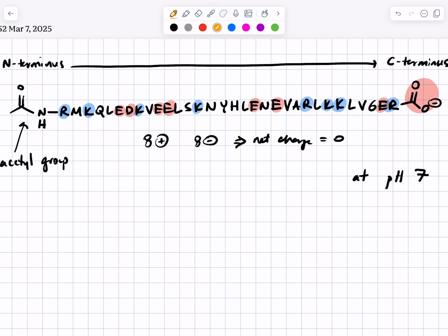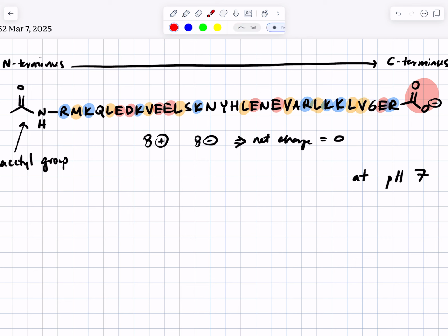So a bigger nonpolar side chain than alanine. And we're also going to sort of exclude the aromatic amino acids. So M is definitely one of them. L, then a V and an L. Let's see, then another L here, another V, an L, and L, and a V.